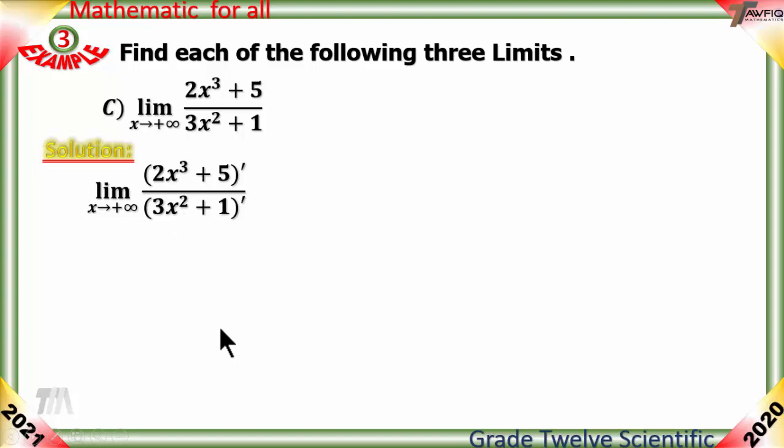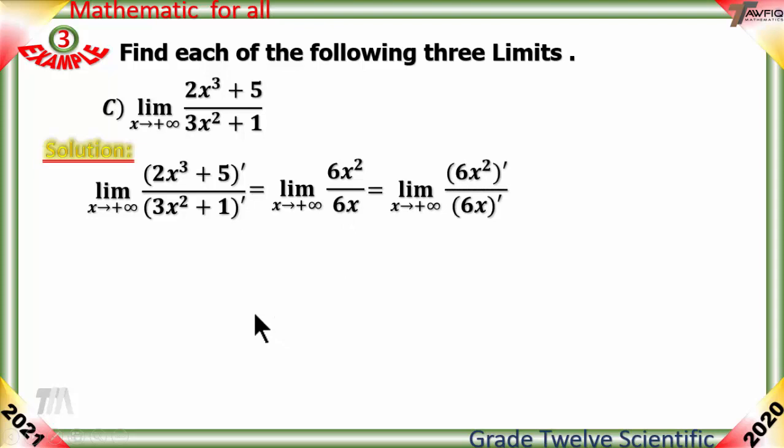By taking the derivative, 6x squared over 6x, and taking the derivative another time, it becomes 12 over 6, times x.